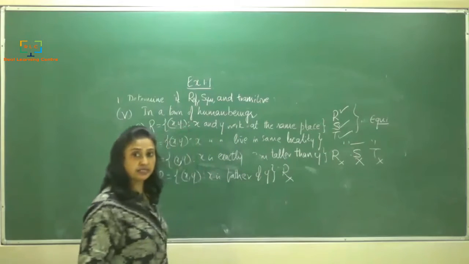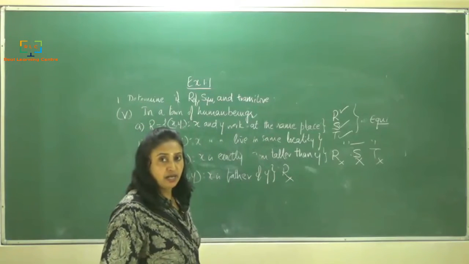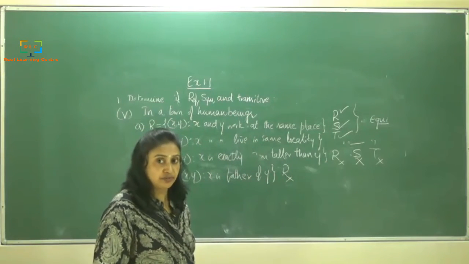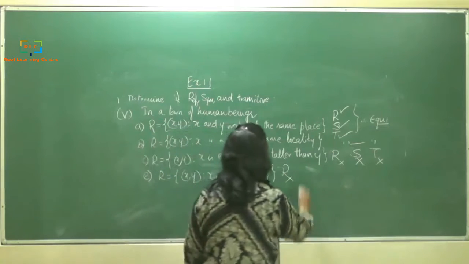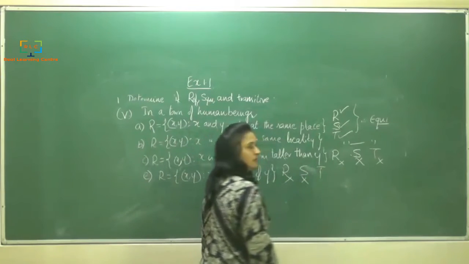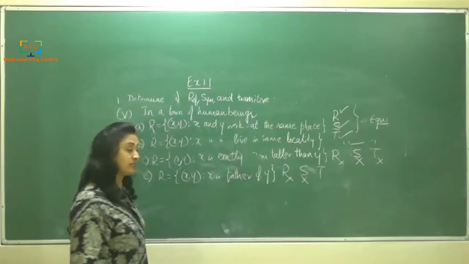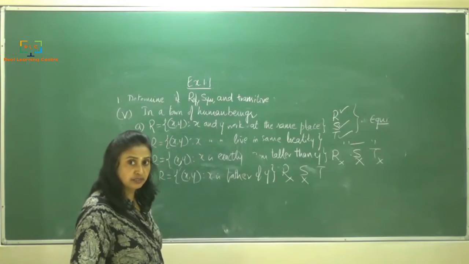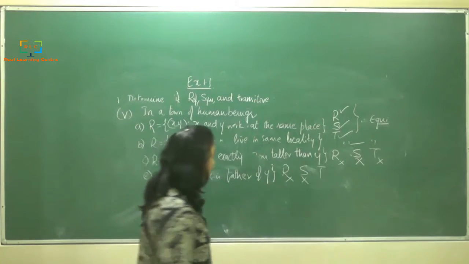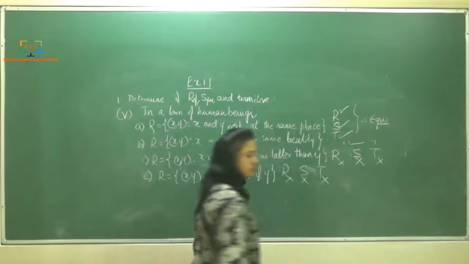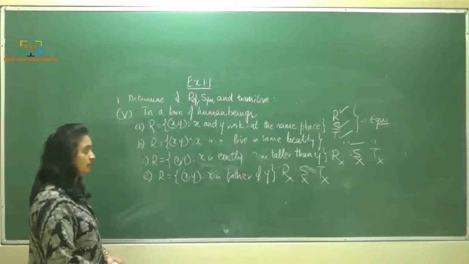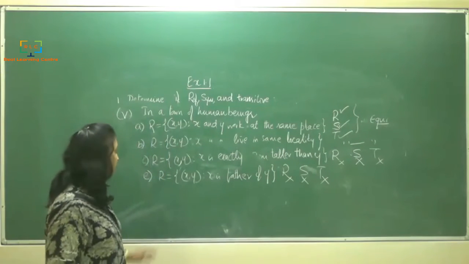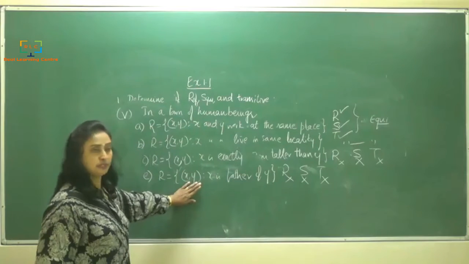And if X is father of Y, then Y cannot be father of X, so it is not symmetric. And if X is father of Y and Y is father of Z, X cannot be father of Z. Instead, X will be grandfather of Z. So it is not transitive also. So it is neither reflexive, nor symmetric, nor transitive.